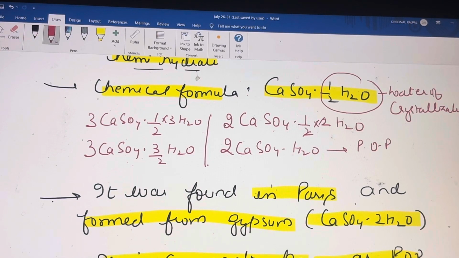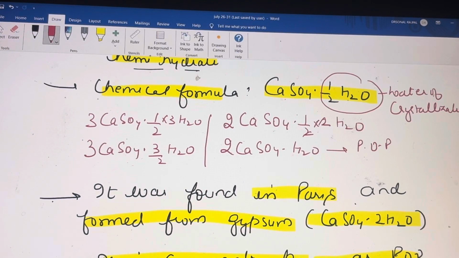In many ways you can represent this POP, because I have seen many questions in sample papers asking how you can represent the formula in a different way for this POP. But actually this POP is CaSO4 half H2O.